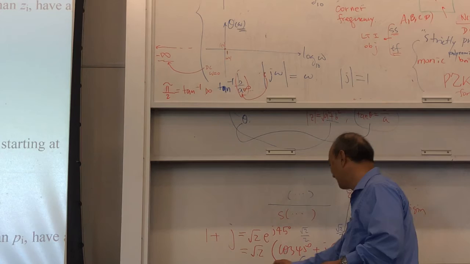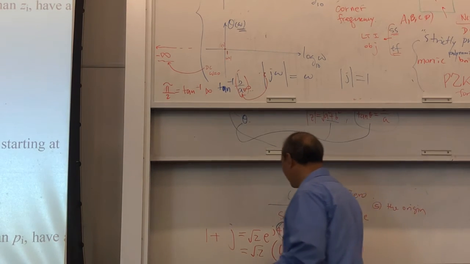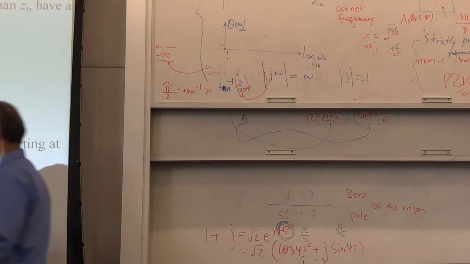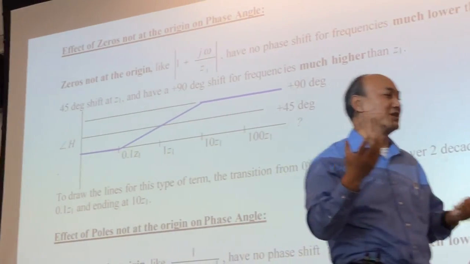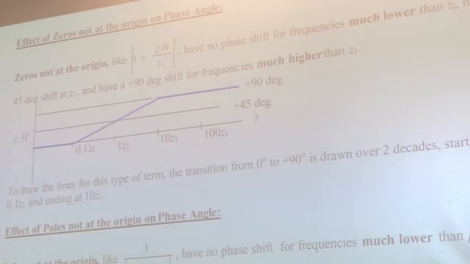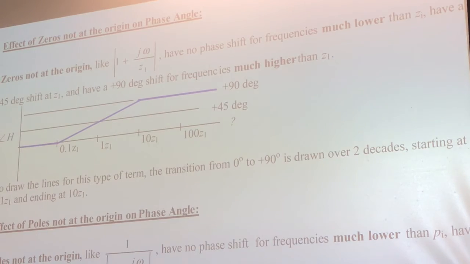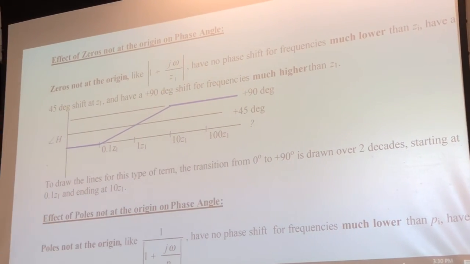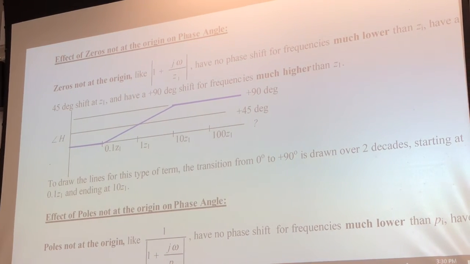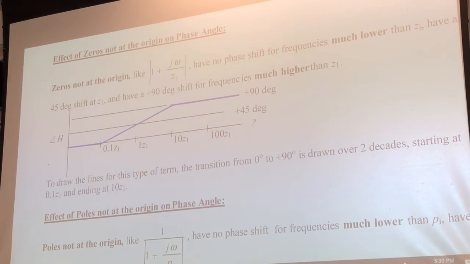So that's why you have 45. Here, corresponding to omega equals z1, at this point is 1 plus j. Okay? This is very beautiful. I didn't realize when I was a student. A few years back, not 10 years, I challenged myself how to explain it. So that's the case.